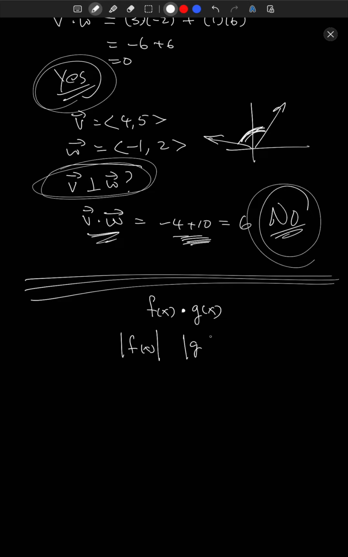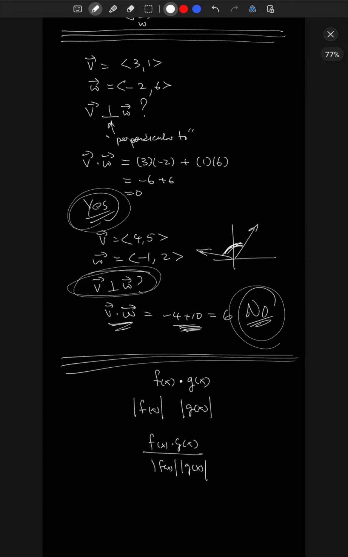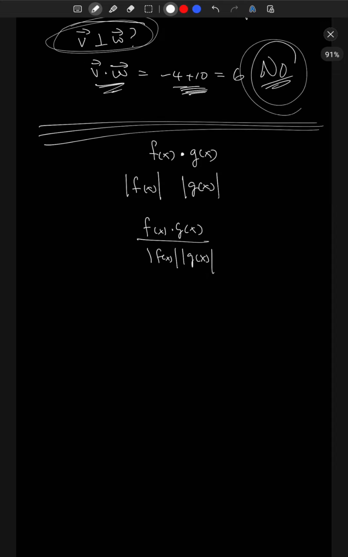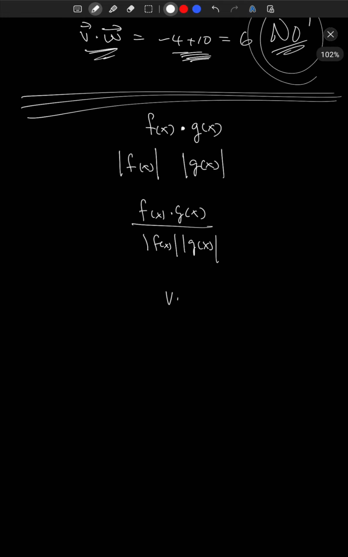And if you can define these two concepts, then you can take f of x dot g of x and divide it by length of f, length of g. Notice that I'm completely mirroring v dot w over length of v, length of w.